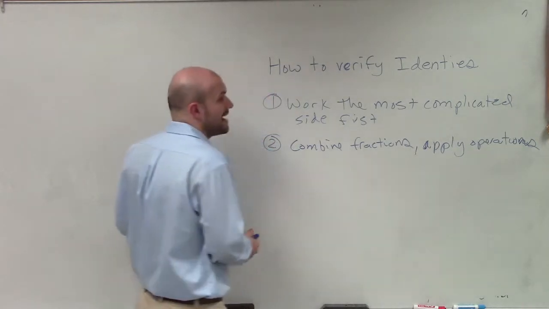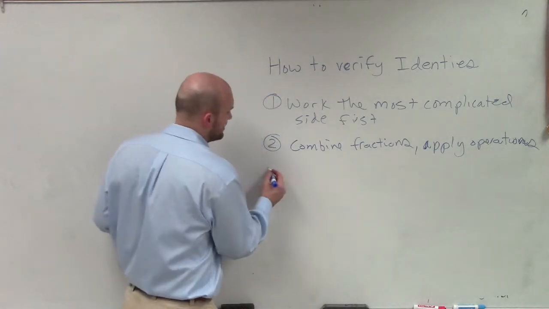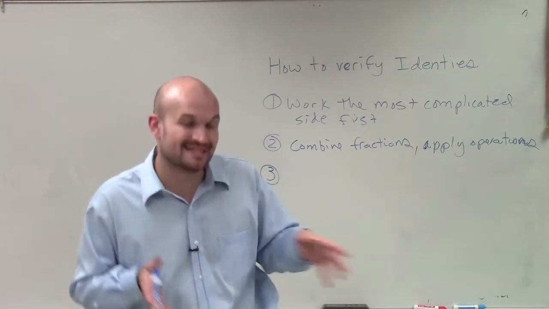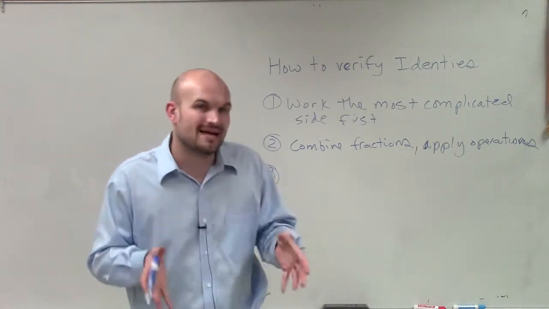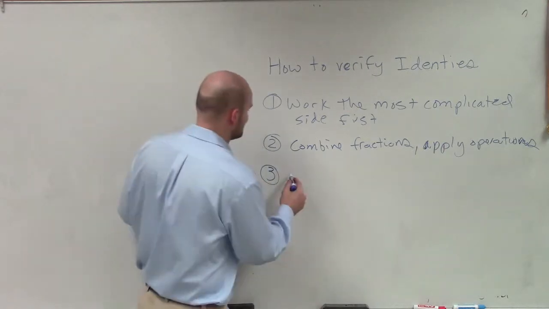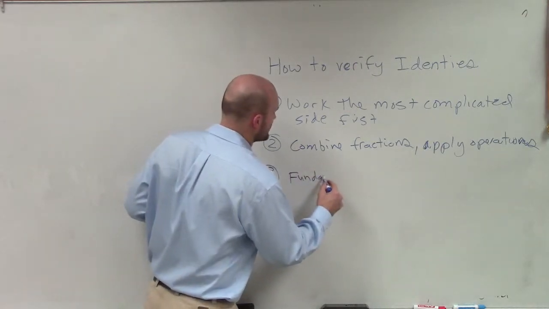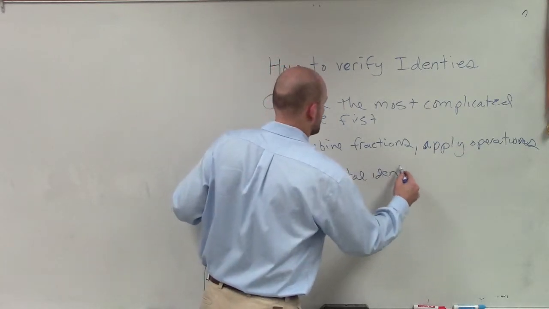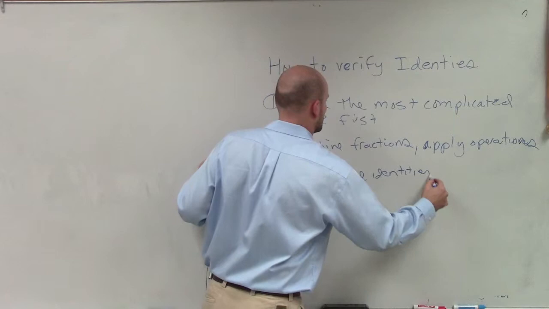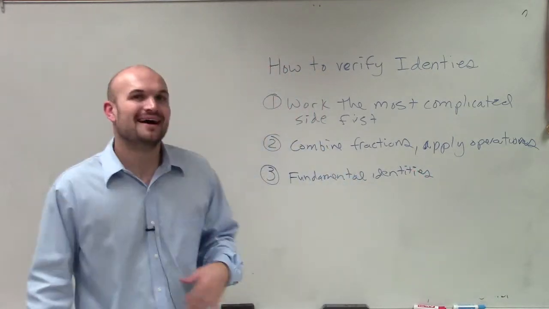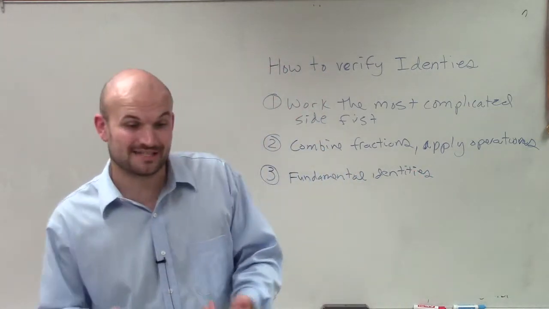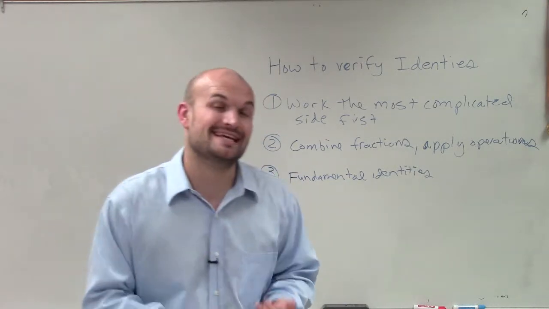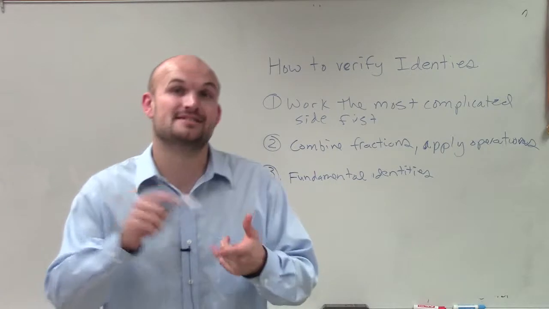And also, combine fractions and work to simplify. Those are the algebraic ones. The next thing is to look into applying our fundamental identities. Now, in this course, I provided you all the identities: the fundamental identities, the Pythagorean identities, the cofunction identities, the even-odd identities, the reciprocal identities, the quotient identities.